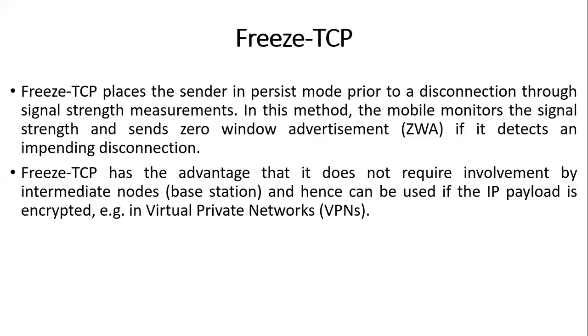So it has to do it once it feels an impending disconnection. Momentarily, I would get a disconnection. The signal is falling to almost 0. I'm going out of coverage. So it says that okay, a problem is going to occur. And the rest is pretty much the same. So it does not require that level of involvement of the base station.